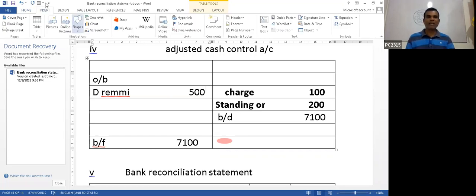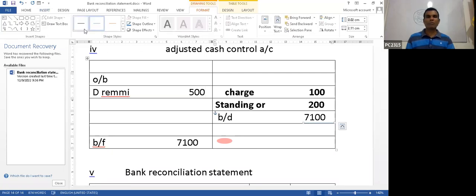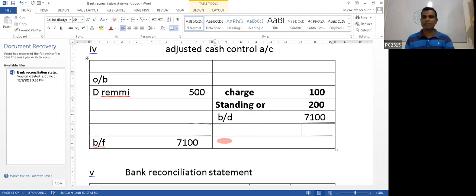Now here, look at the balancing value. Yes, here the balance is 7,100, 7,200, 7,400.